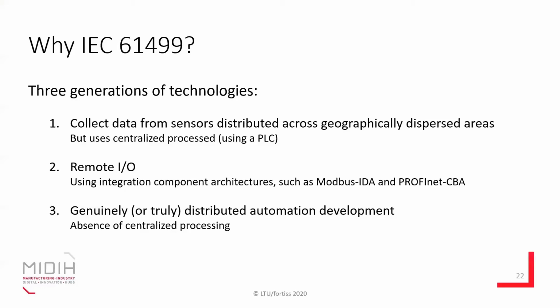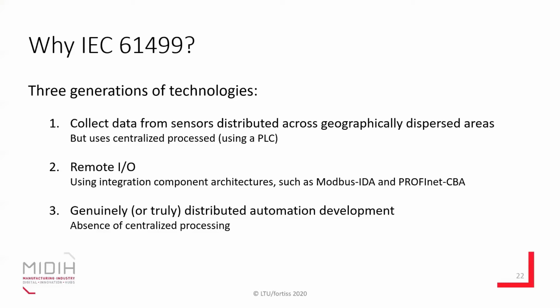Then came the concept of remote IOs, wherein architectures such as Modbus and Profinet were introduced, which meant there was still a centralized PLC connected to the remote IOs using architectures such as Modbus and Profinet.